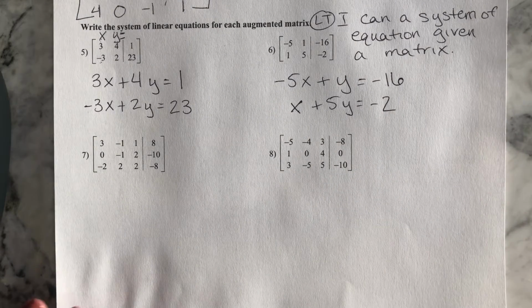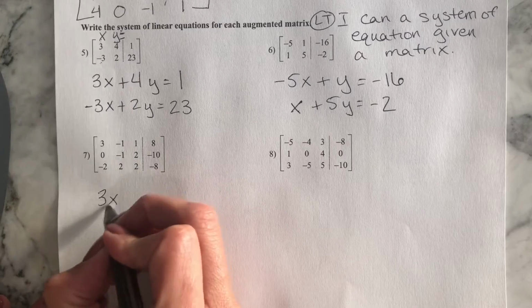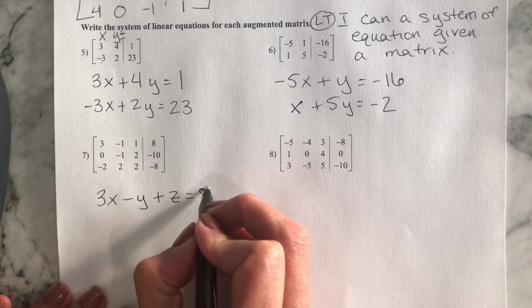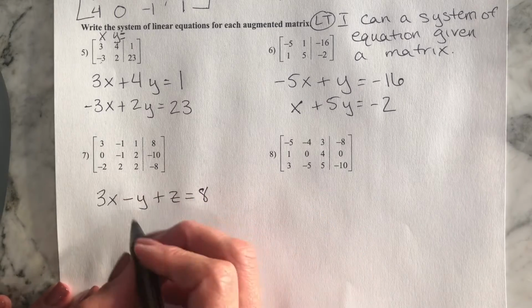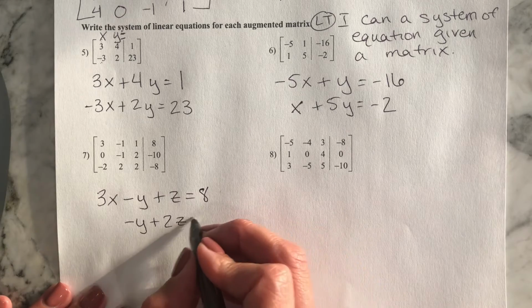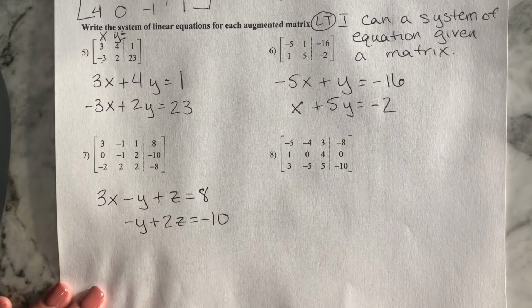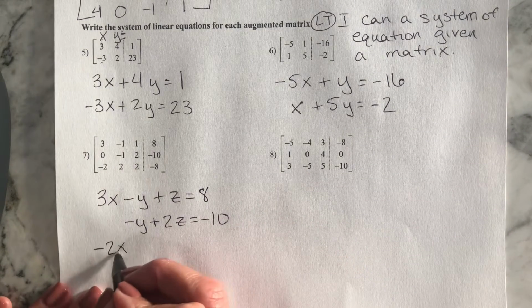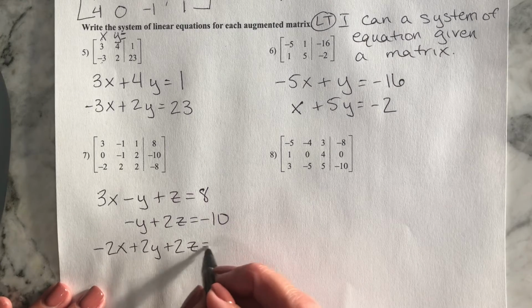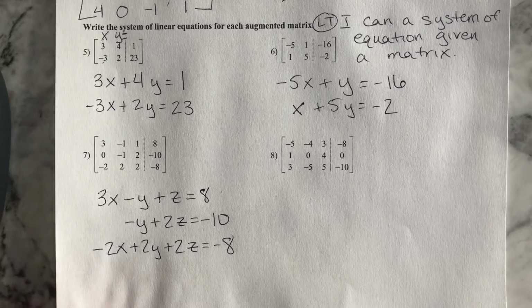Okay, let's check this. This is 3x minus y plus z equals 8. No x term, so I just have negative y plus 2z equals negative 10. And then the last one, negative 2x plus 2y plus 2z equals negative 8.